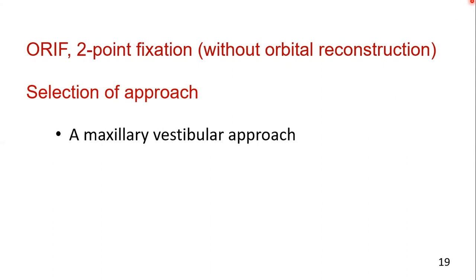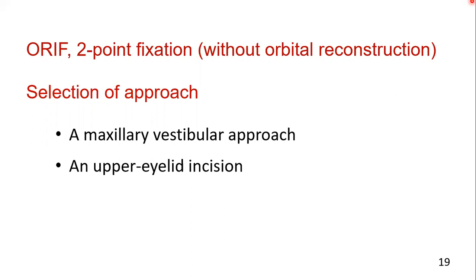A maxillary vestibular approach must be made to visualize the fracture at the zygomatico-maxillary buttress. And if the fracture at the frontozygomatic suture area is displaced, an upper eyelid incision must be made.